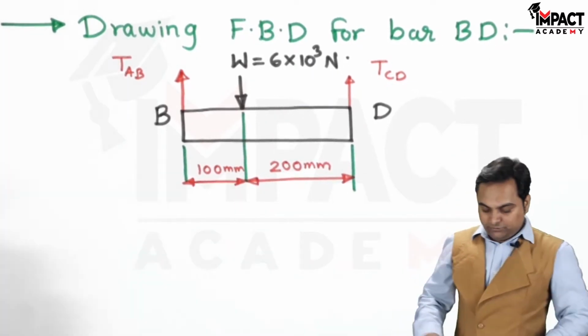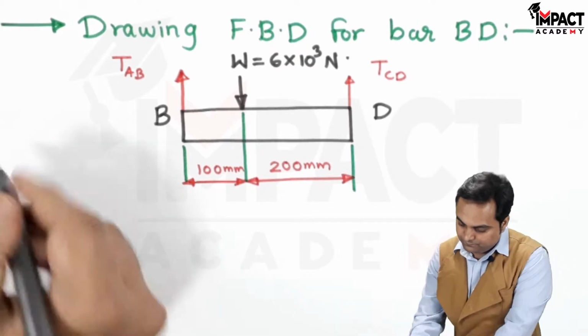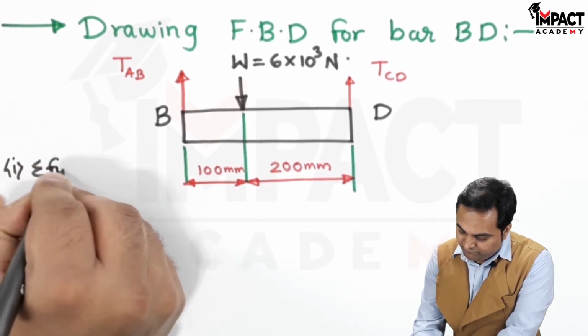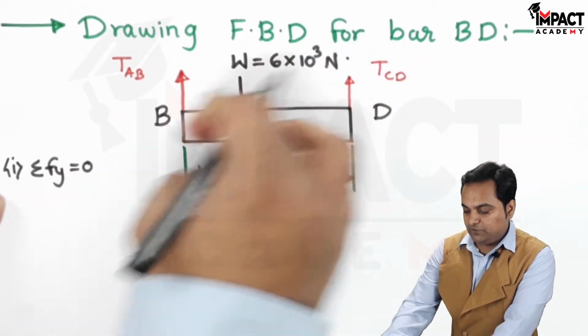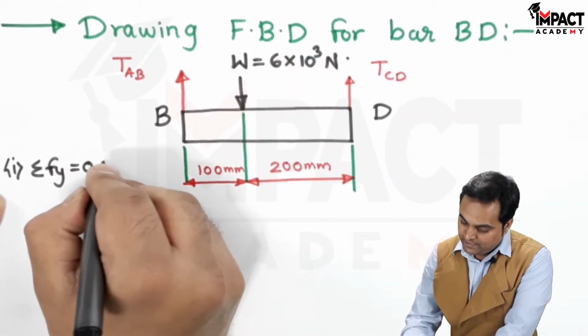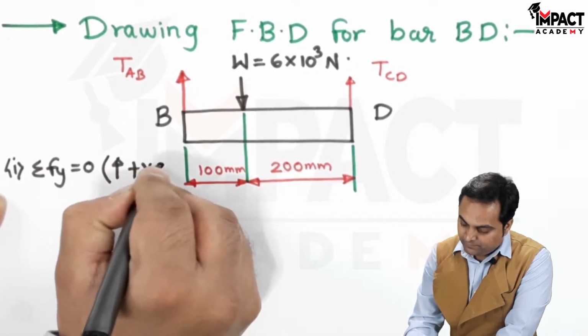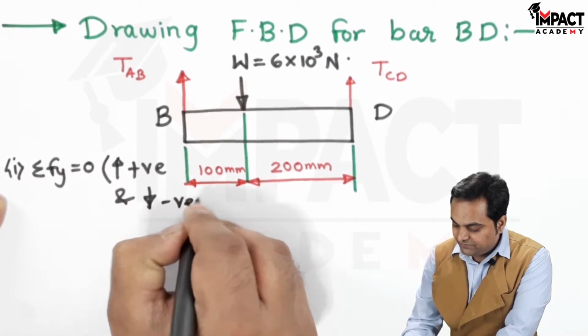Now, by looking into this FBD, I can use the condition of equilibrium. So the first condition is summation of Fy is equal to 0. That is the addition of all vertical forces, because we are having vertical forces here. And the convention is whatever forces are in the upward direction are positive, and those in the downward direction are treated as negative.